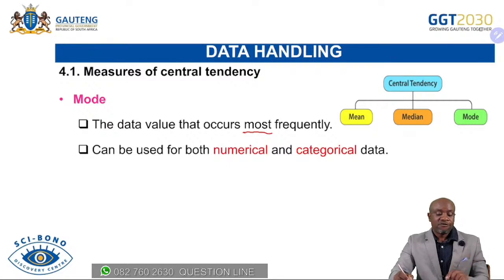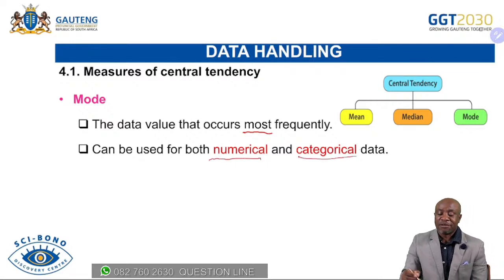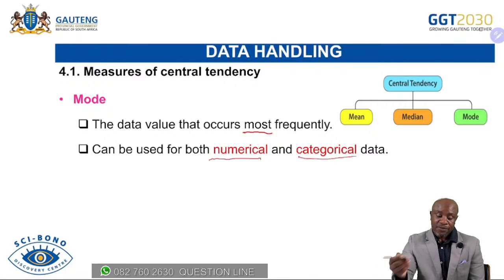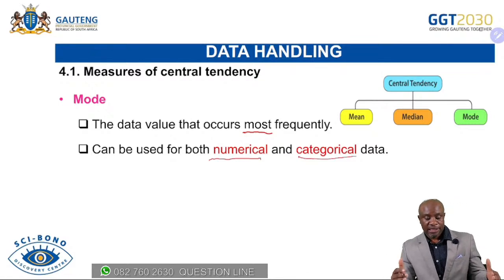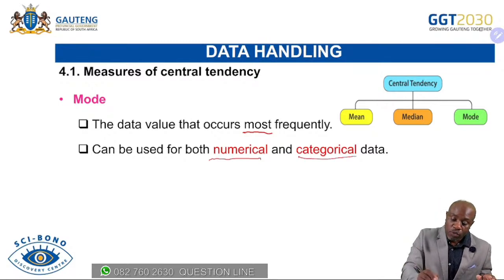What is very useful with the mode is that we can do that with numerical or even categorical data. Remember the data types, or the classification that we made. We said our data is divided into two: numerical or categorical. When we say categorical, it exists in words, in description.